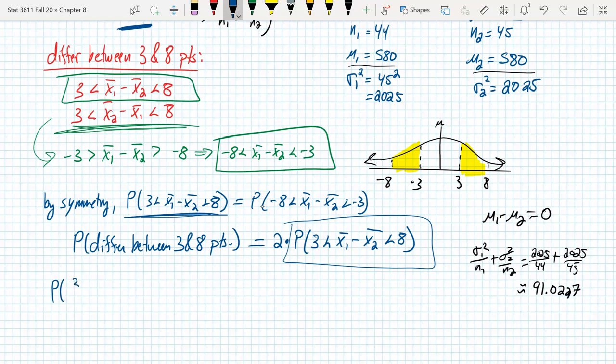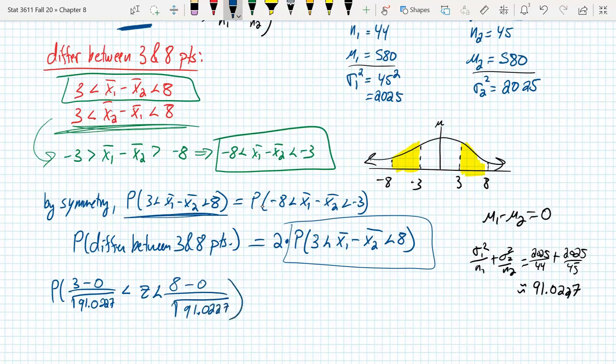We're going to have 3 minus our mean, which is 0, divided by the square root of 91.0227. That'll be less than a standard normal random variable which is less than 8 minus the mean divided by the standard deviation, which in this case is the square root of 91.0227 yet again.